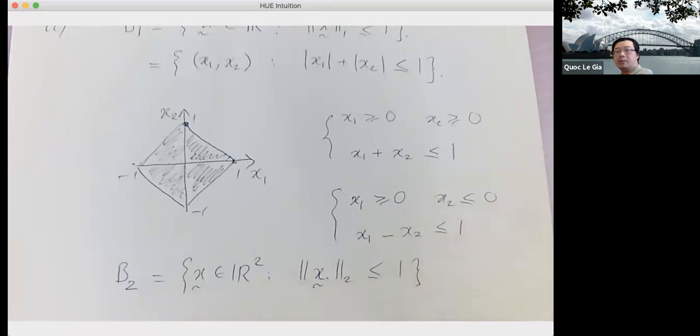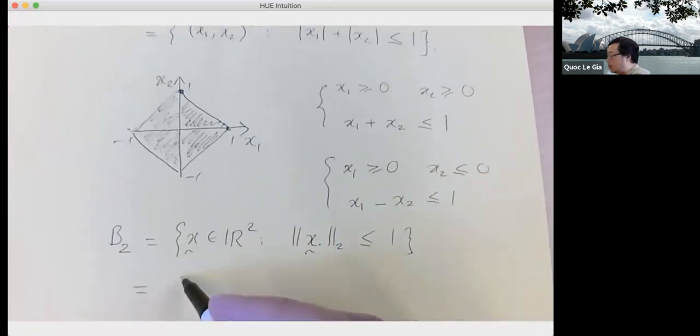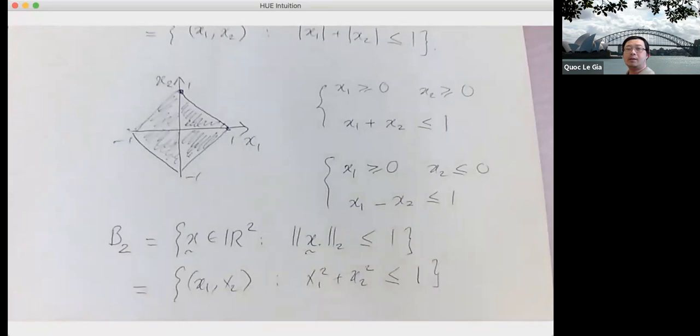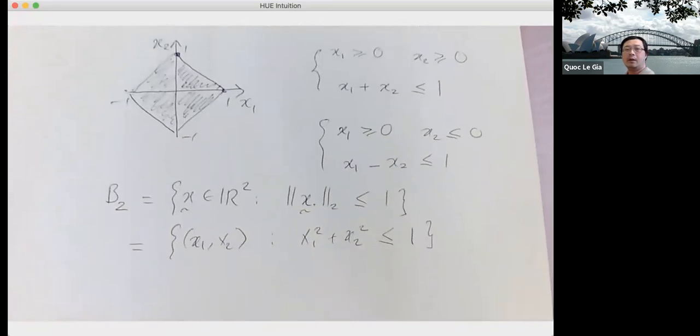I can write this more explicitly: x1, x2 such that the square root of x1 square plus x2 square is less than or equal to 1. But if the square root is less than or equal to 1, when I raise it to the power 2, it is still less than or equal to 1. So what is this set? What is B2?